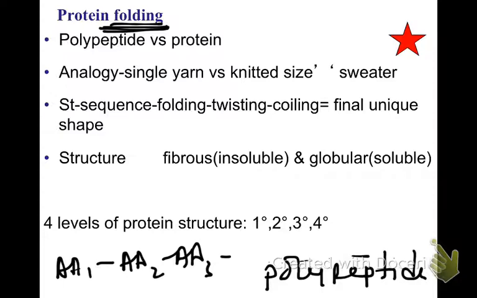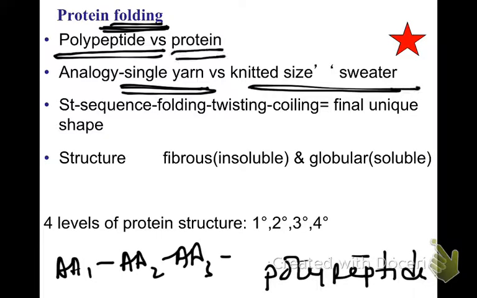So the analogy that I'm trying to give you is that a polypeptide is like a yarn that is unfolded, but a sweater is something like a protein that is completely folded into its final unique shape.